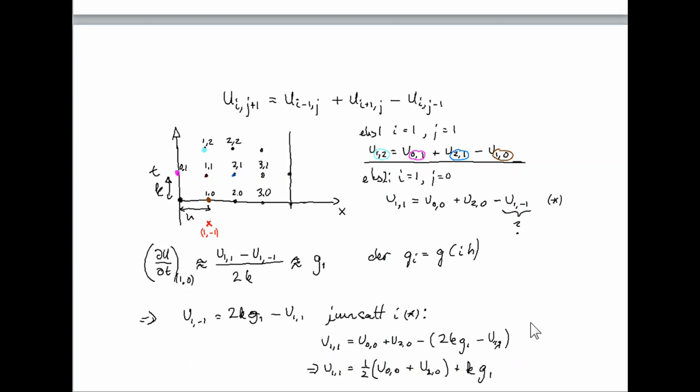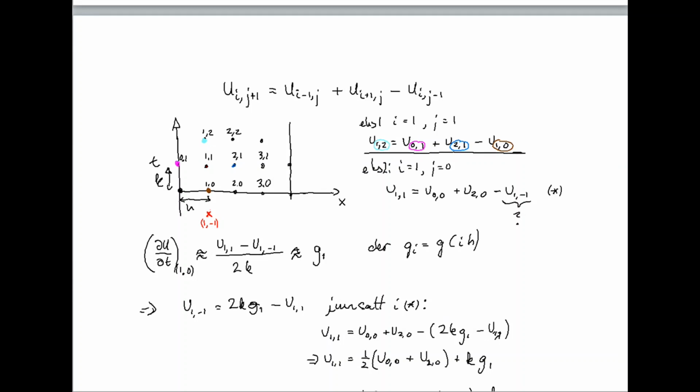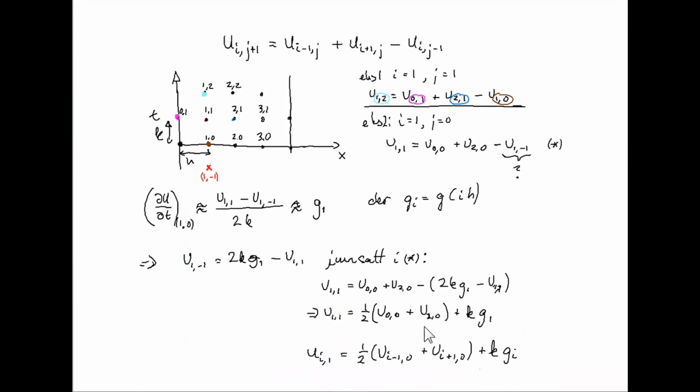So then we have the possibility to find u_{1,1}, and in fact we have the possibility to find u in every one of these points. Every point on this row can be written as u_{i,1}.